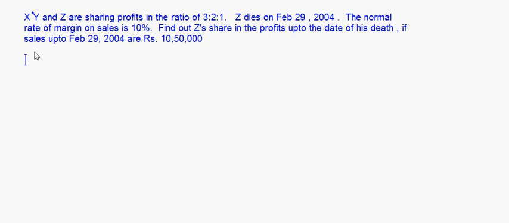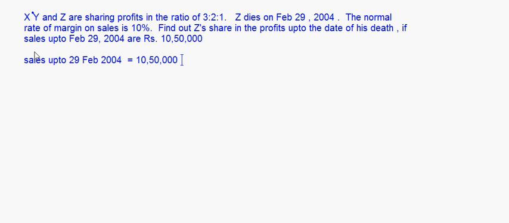Now in this question, they have directly given the normal rate of margin on sales is 10%, right? And Z dies on February 29th, 2004, and they have given the sales up to 29th February 2004 as 10,50,000, right?